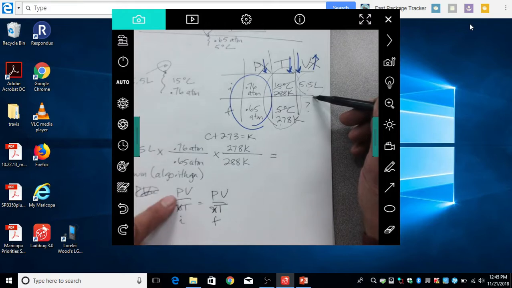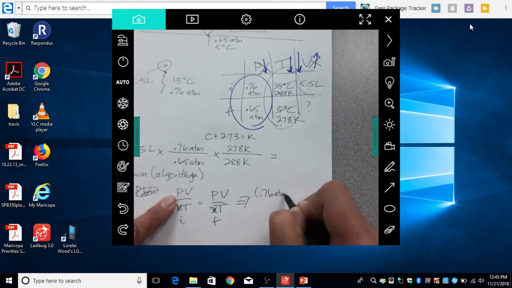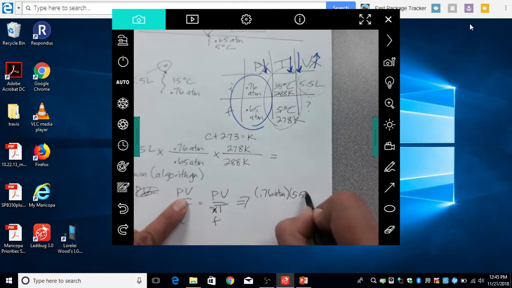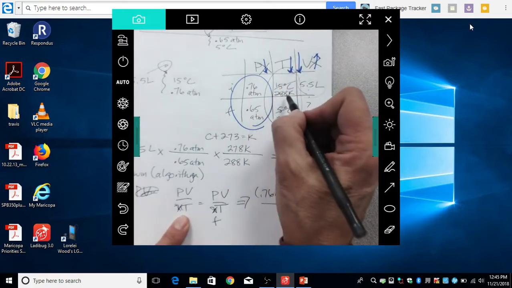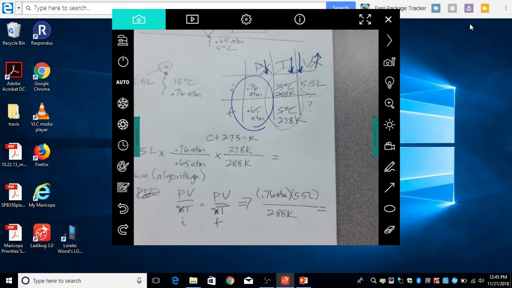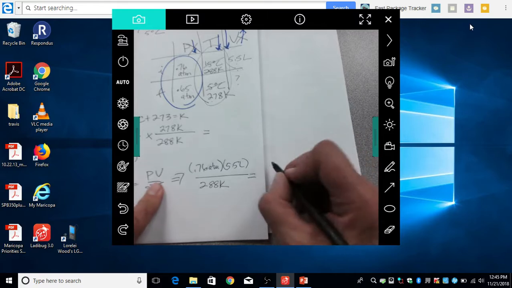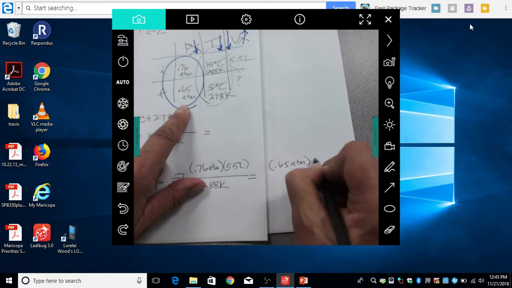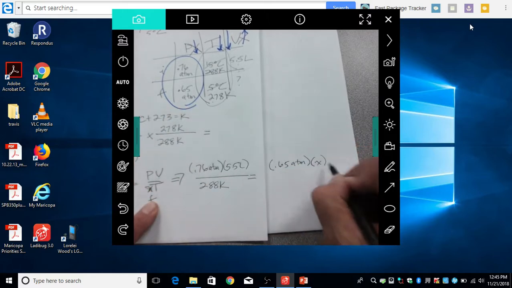So now you just put initial pressure, in this case, 0.76 ATMs. You put the initial volume, in this case, 5.5 liters. You put the initial temperature, in this case, 288 Kelvin. And you set it equal to our final pressure, in this case, 0.65 ATMs, our final volume, we don't know, right?